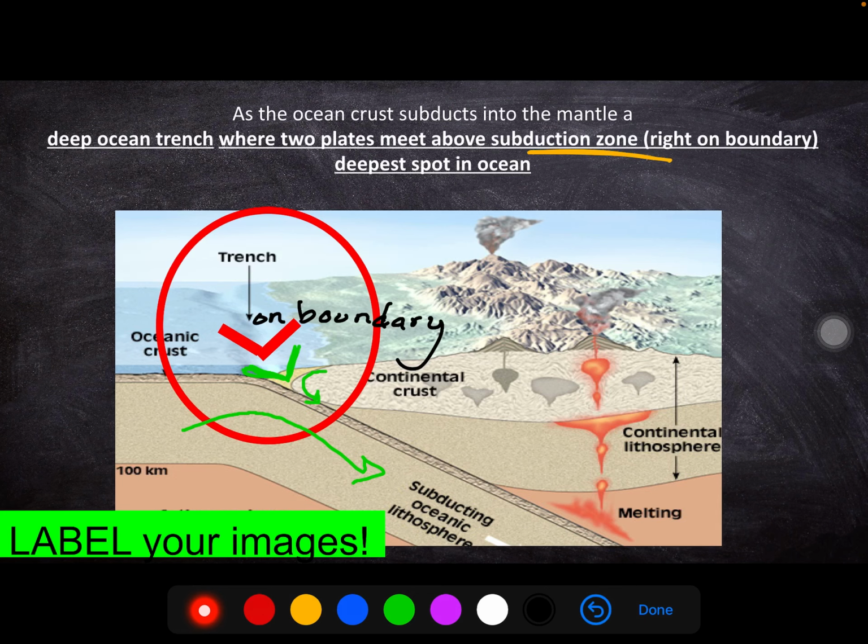This is known as the deep ocean trench and is home to some of the deepest spots in the ocean. The deepest known location is 7 miles deep. So both images should have a trench labeled. I like to label it with this pointy down arrow or a V to remind me, one, here's where the trench is, but also two, that it's a deep location.